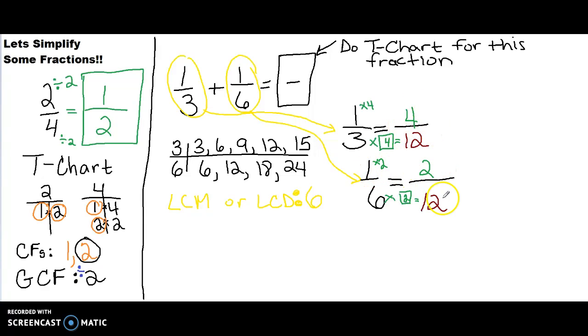So now here are my two answers. I will go back to the original problem and rewrite it with my new equivalent fractions that now have the same denominator. So for 1/3, I'm going to put 4/12.